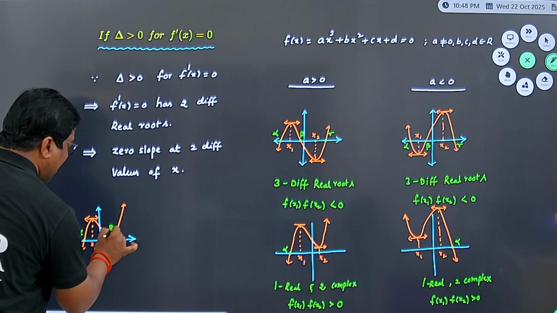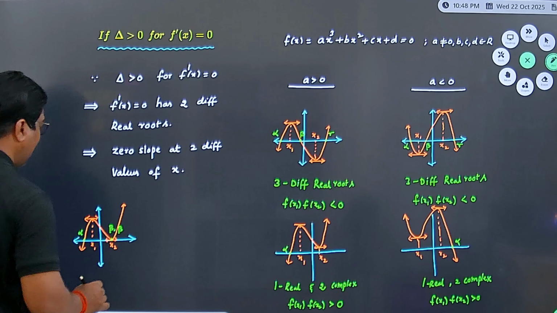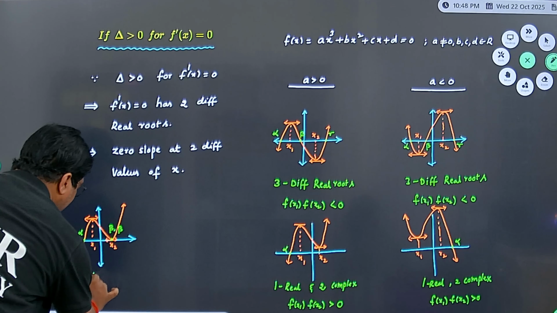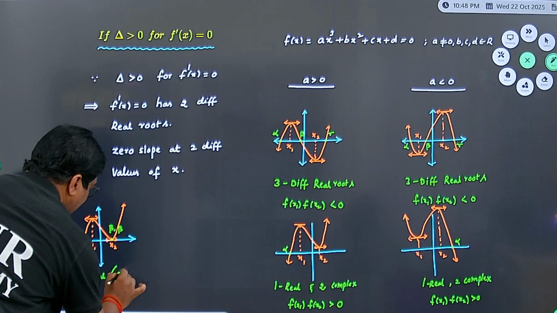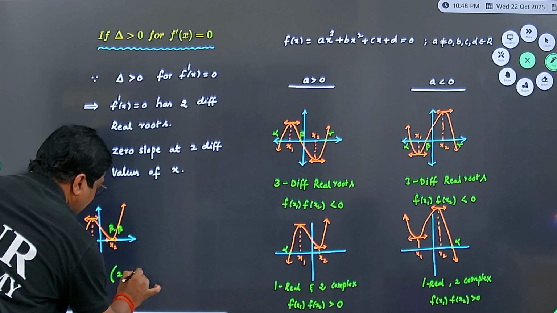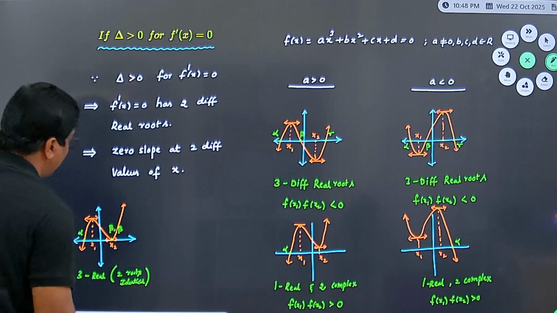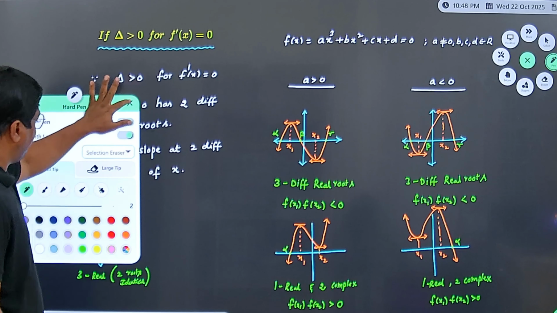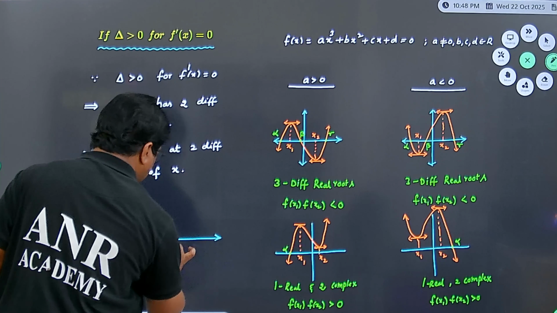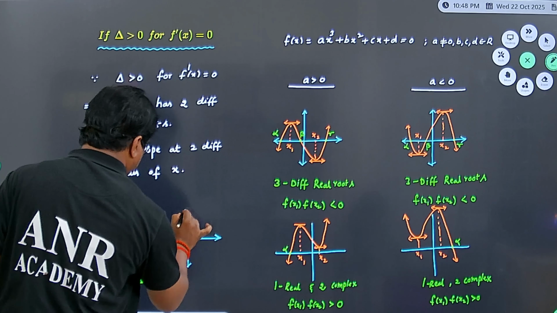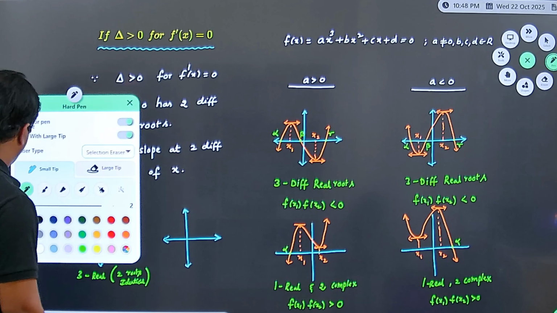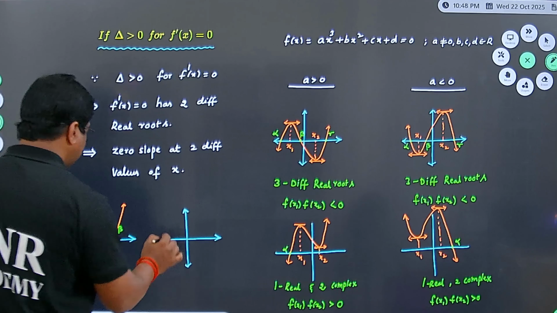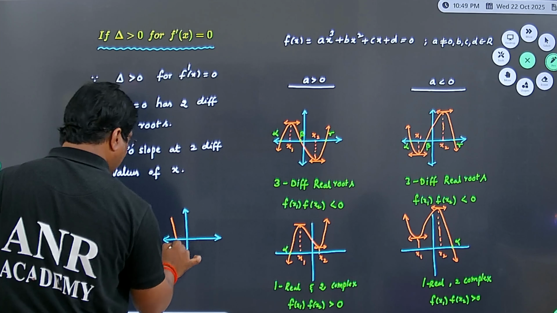So beta is repeated twice. Therefore here the roots are 3 real, in which 2 roots are identical. In the same way, for a less than 0 you can draw the graph. That is, you can draw the graph in the second case in this way.